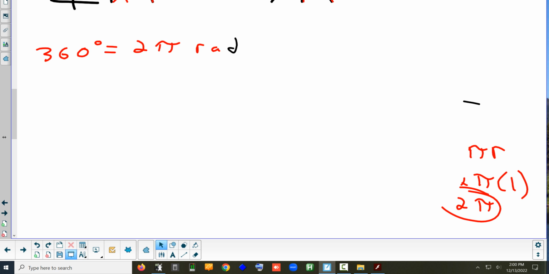Okay, so that's fine. But that's kind of like saying to you that there are 180 seconds in 3 minutes. Although it's true, we can simplify it a little bit. Does anyone see what I could divide each side by? Yep, we could divide each side by 2, which means 180 degrees would equal what? Pi, yep. So that's better because it's a little bit more simplified.